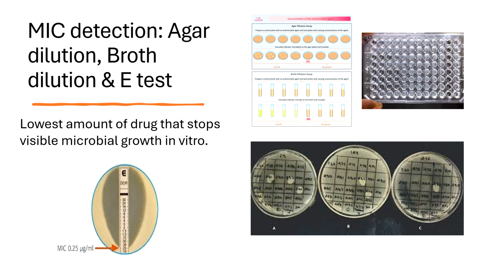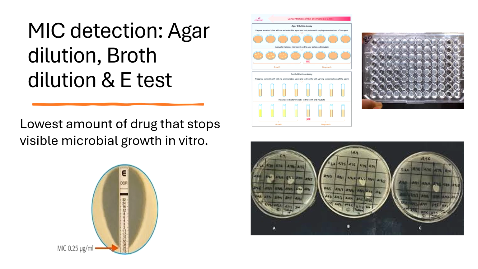This is the microbroth dilution method, using a microtiter plate, which is also used for ELISA. The same can be used for this method, but here the microtiter plate is not coated with any antigen or antibody. These are plain, and a serial dilution of the antibiotic is prepared and then inoculated with the test organism to check for the MIC.